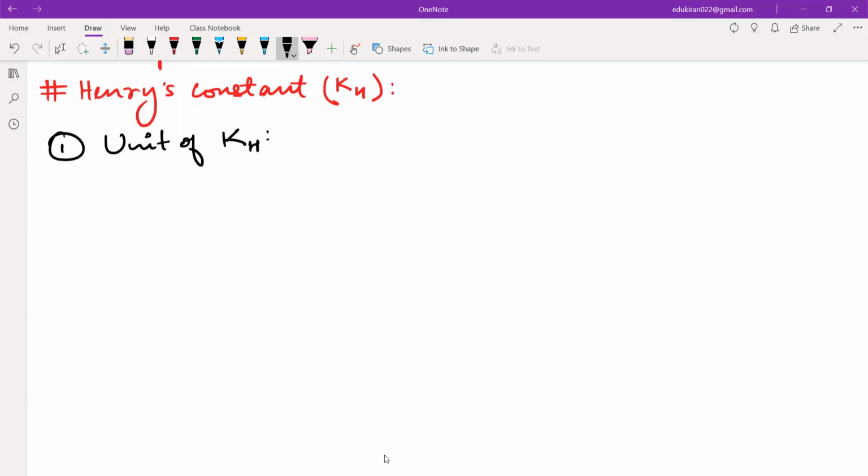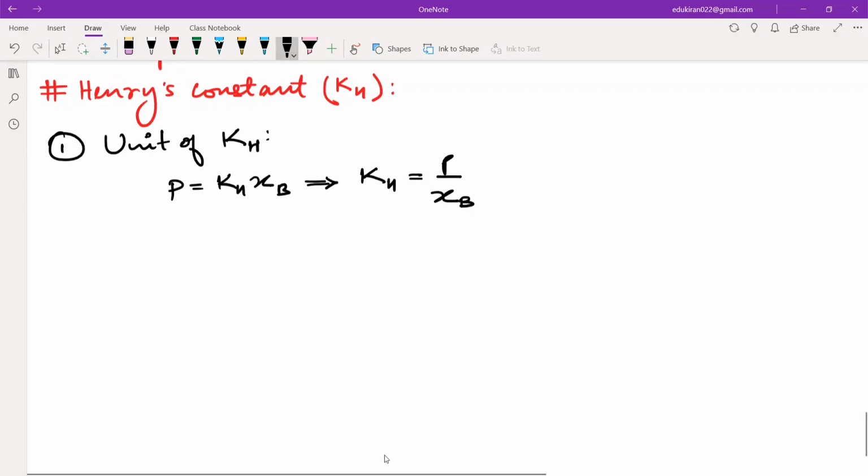We know from the formula that P is equal to KH into chi B. We can write KH is equal to pressure upon chi B. So who will tell me what is the unit for chi B?